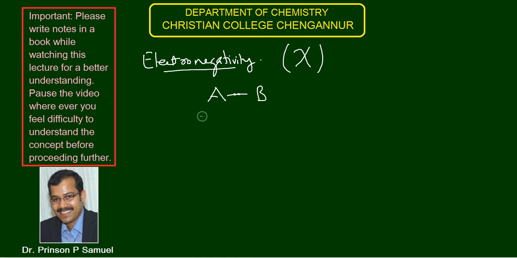If you want to talk about the electronegativity of A, we want to see how much electron density between A and B is being pulled by A towards its side, or what is the tendency of A to attract the shared pair of electrons towards its side. That is what we have to measure in order to specify the electronegativity of A.